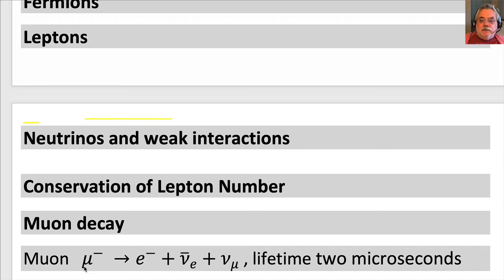A negatively charged muon decays via the weak interaction to a negatively charged electron plus an electrically neutral electron antineutrino, the e for electron, the nu for a neutrino, the overbar for an antiparticle, so electron antineutrino, plus a muon neutrino.